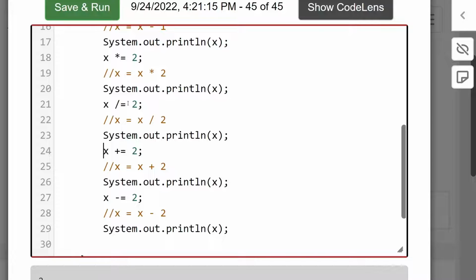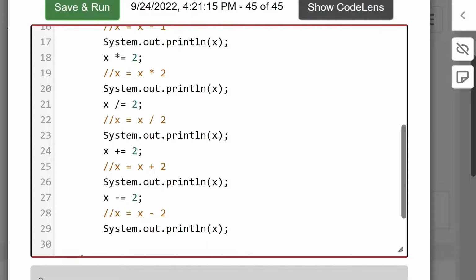So we just did 2 divided by 2. Now x equals 1. So the new value of x is 1, and we're going to add 2 to that value, and then set x to whatever that is. So 1 plus 2 is 3. So x equals 3. And then we're going to do the opposite, and we're going to subtract 2.